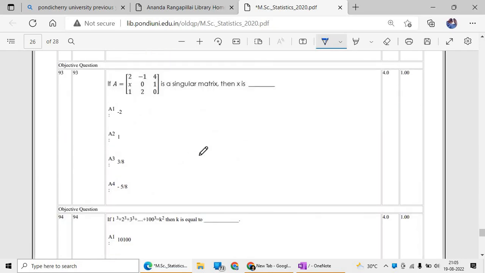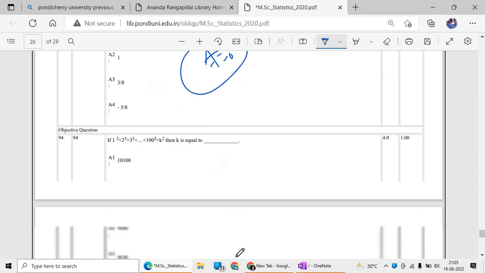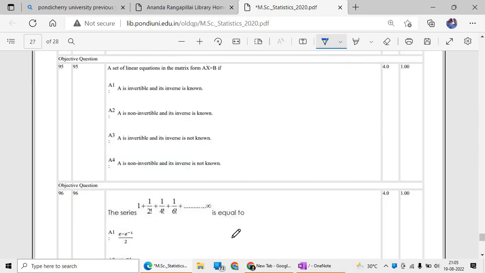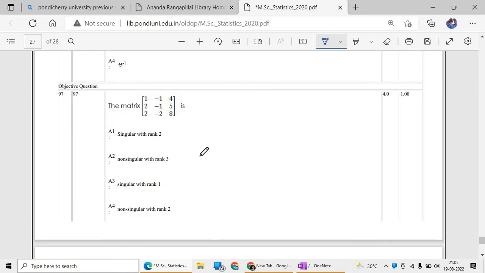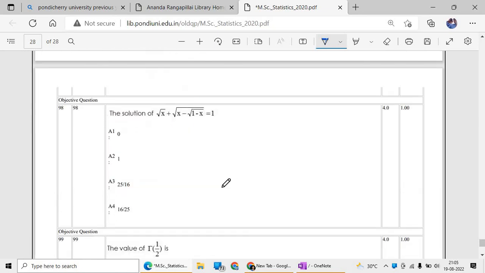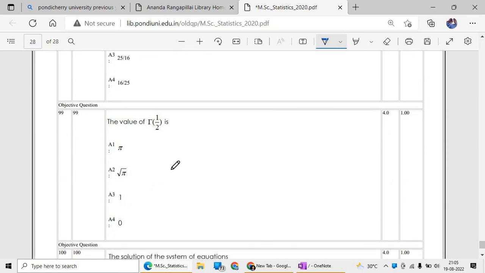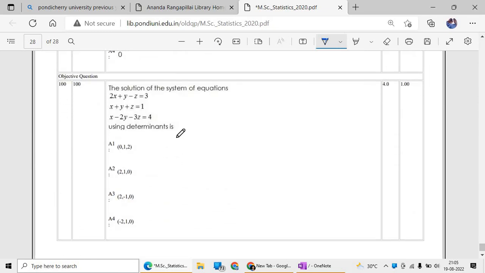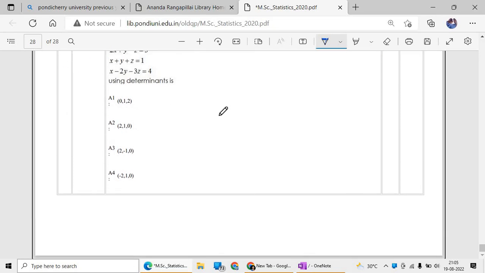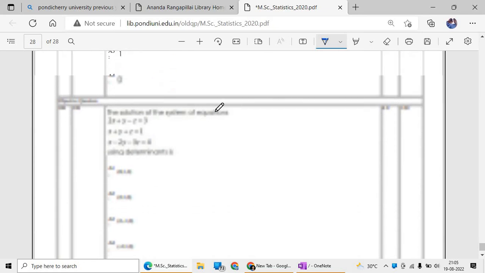Here if that is 0, then it is a singular matrix. Okay, maximum remaining are mathematics questions. So you need to find the rank. Gamma of 1 by 2 is root pi. Using the determinants, solution of the matrix. Okay, I hope maximum of what I know I told.